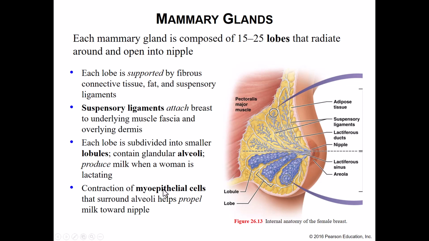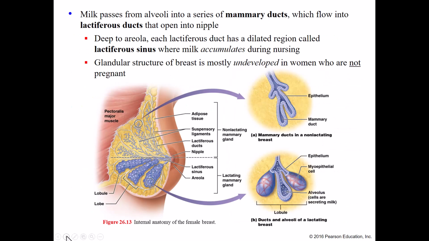And you have myoepithelial cells within and around. So the milk is made in the alveoli, and here you can see a secreting alveoli and a non-lactating alveoli.